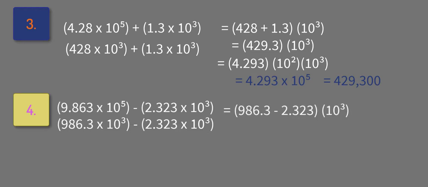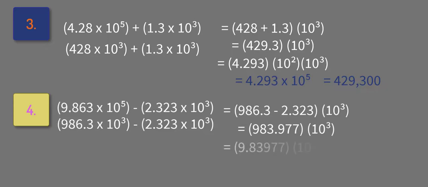And 986.3 minus 2.323 is going to be 983.977. And that's still going to be times 10 cubed. And now we're going to have to move this decimal over 2 places.